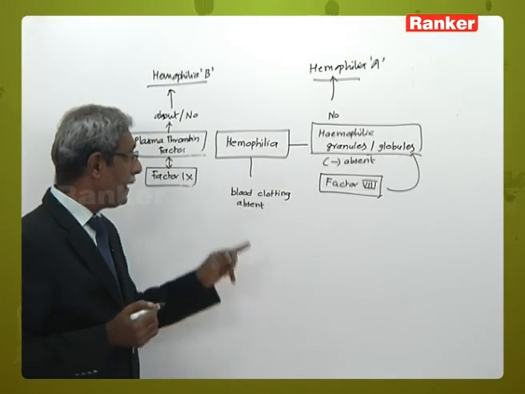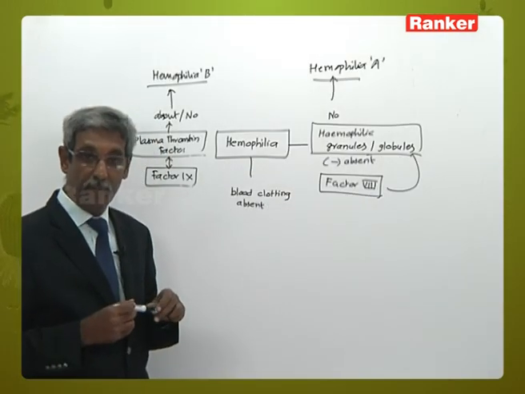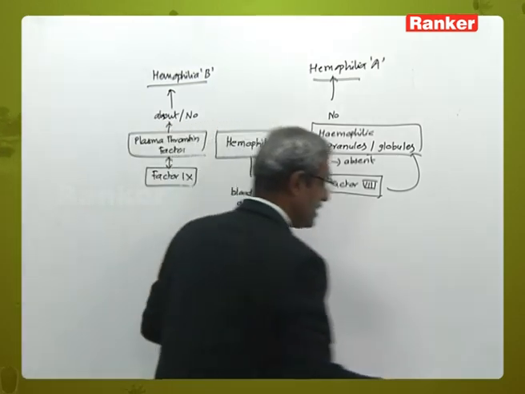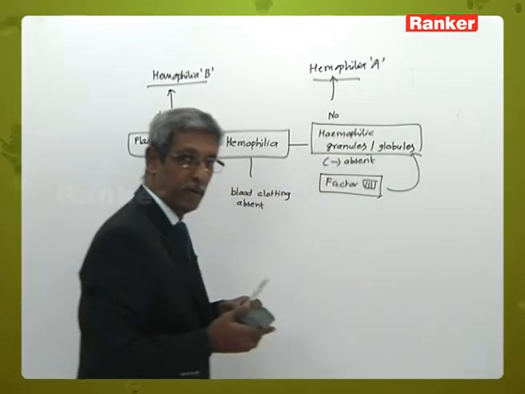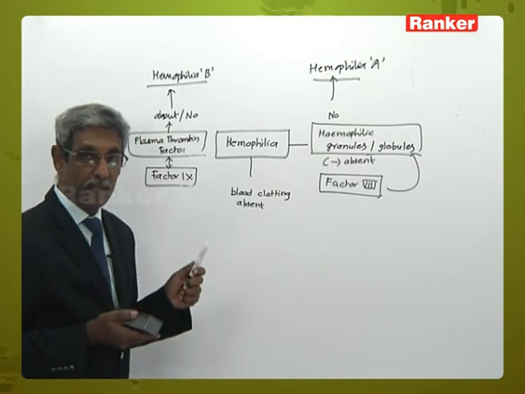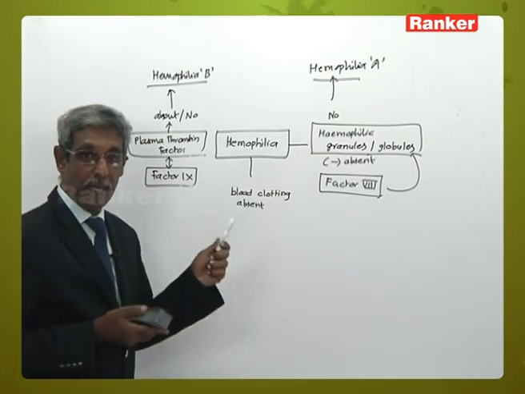Now, we are looking at the pattern of inheritance of hemophilia. This is the basis for hemophilia, and now we are looking into the genetics, or what happens when sex-linked disorders get transmitted.